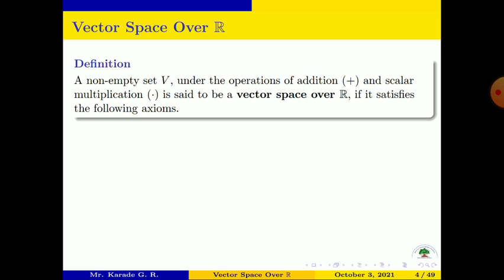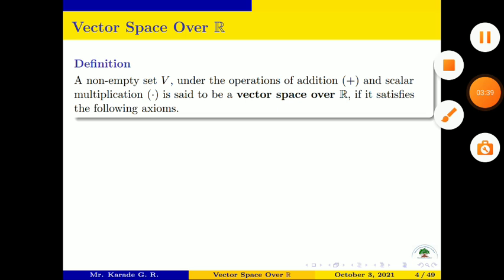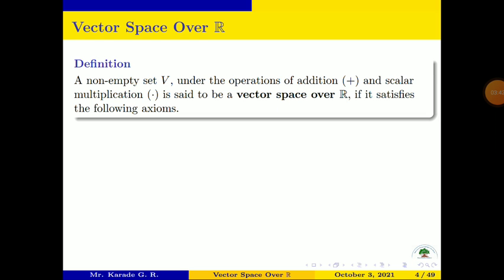Simply, a non-empty set V under the operations of addition, plus, and scalar multiplication, dot, is said to be a vector space over R if it satisfies the following axioms.